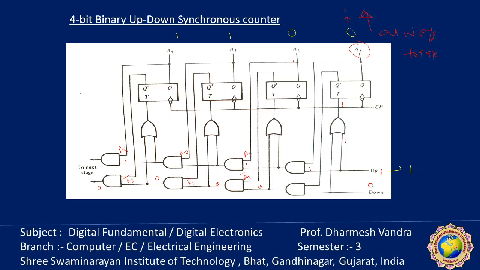Now here this is 0, so with 0 the output is 0, so it will remain the same. A2 is 0 and it will go here. So again it will become 0, 0, 1 and 0. So this will remain 1. Again this is 1, but this dash will be 0.